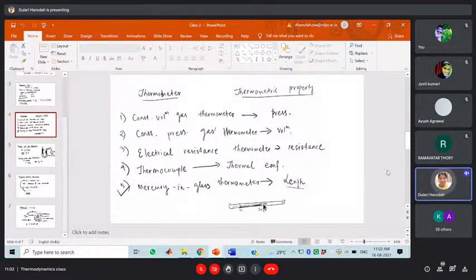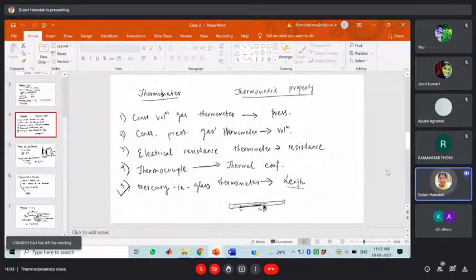Thermometric property means it is the property of a system which will define the temperature, assigning values to the temperature. It will change as per the condition of the system, and that value will give the temperature.